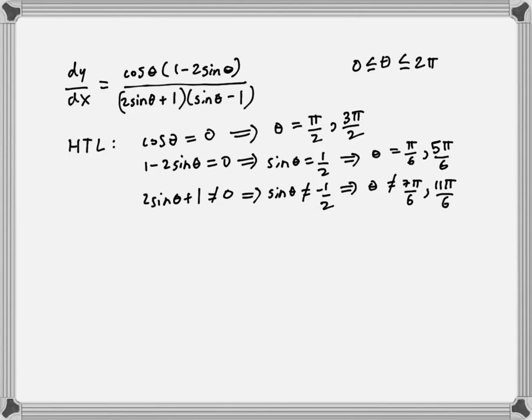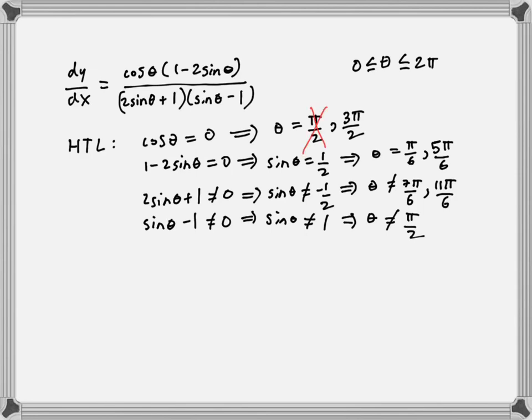None of our values we got above were equal to that. So we also want sine theta minus 1 to not be 0, which means we want sine theta to not be 1. Sine of pi over 2 is the only time that we get a sine of 1, which means we need to throw this value out.